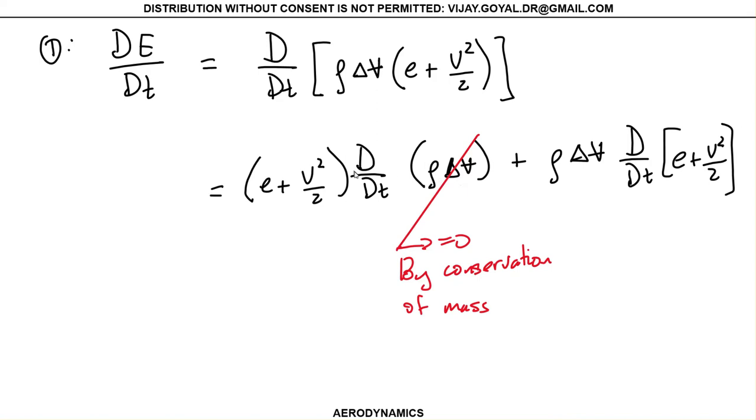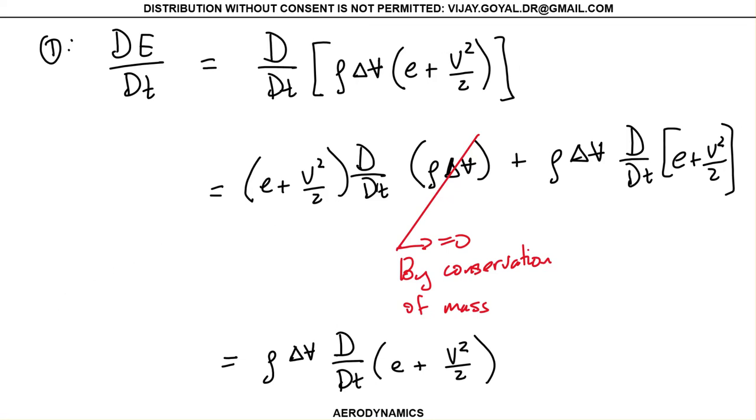Not only that, with respect to time the density is not changing. It's the same fluid particle, so it remains the same and goes to 0. Then this is the only part that remains in my problem, and I can express this whole thing as rho delta v d/dt of E plus v squared over 2.